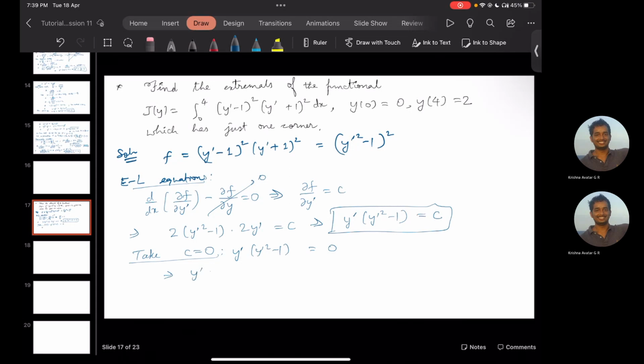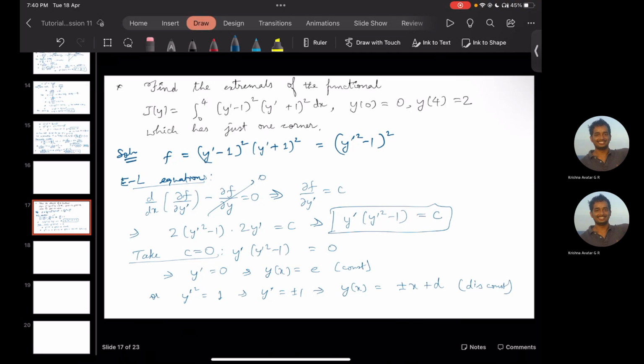So this means that y prime is equal to 0, or y prime squared is equal to 1. So this means that y is equal to some constant. Let's call it E, a constant. And this implies that y prime is equal to plus minus 1, right? So this means that y of x is plus minus x plus d, and d is a constant. Fine.